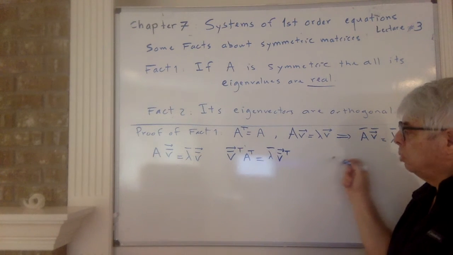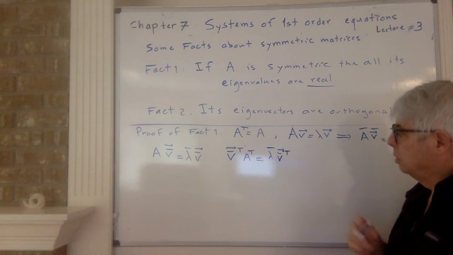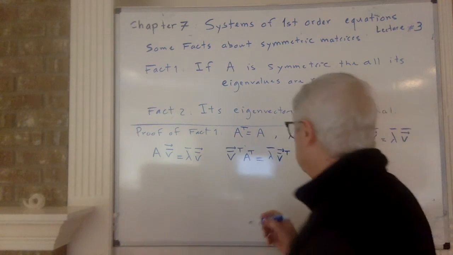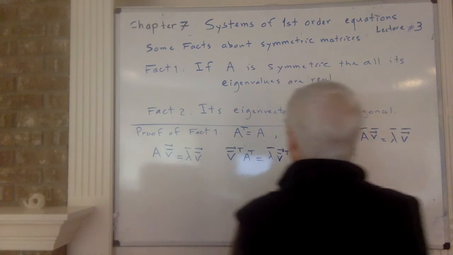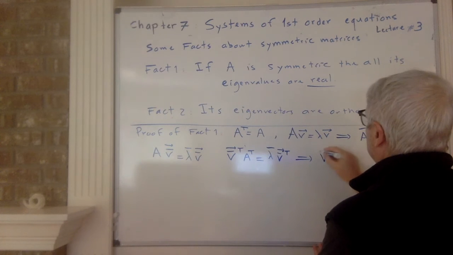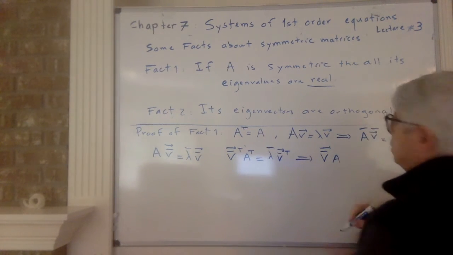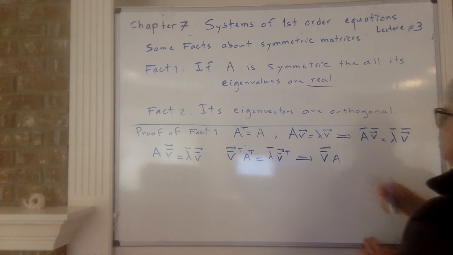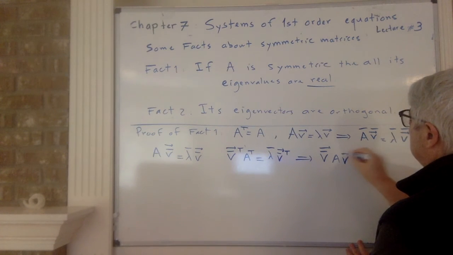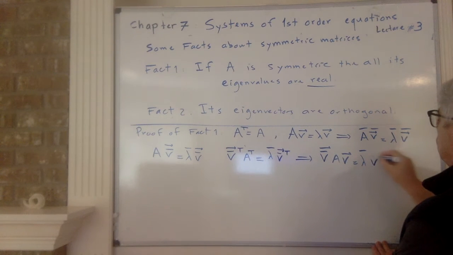Now I multiply both sides by V itself. So if I multiply by V from the right, and A transpose is A, I just write in here: V bar transpose A V equals lambda bar V bar transpose V.